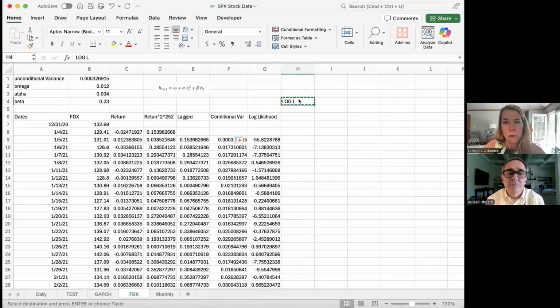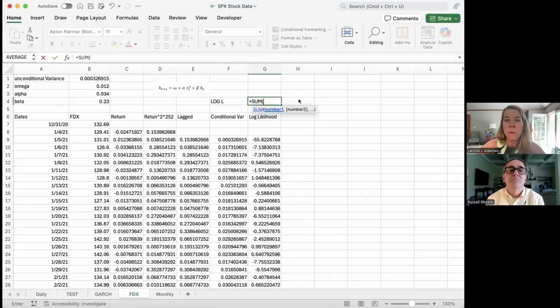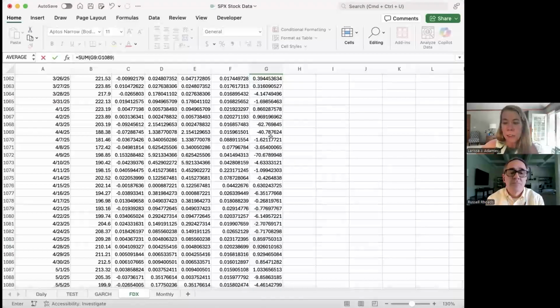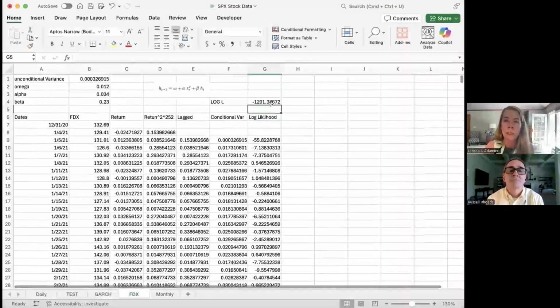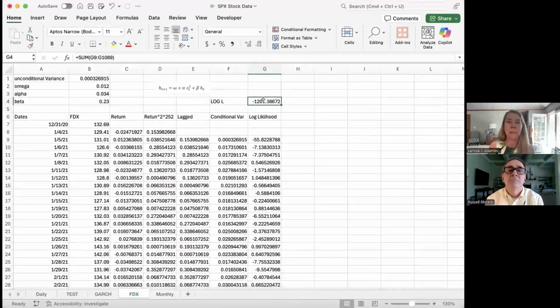Okay. Move this over. Now I'm going to sum up all of our log likelihoods, and this is vital because this is what we're going to maximize, and we're going to use Solver for this. So if you've never used Solver before, you, my friends, are in for a fun treat.